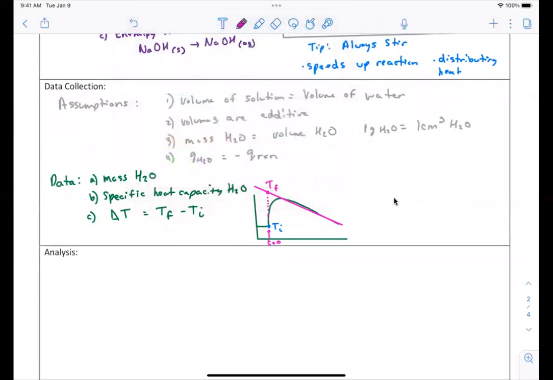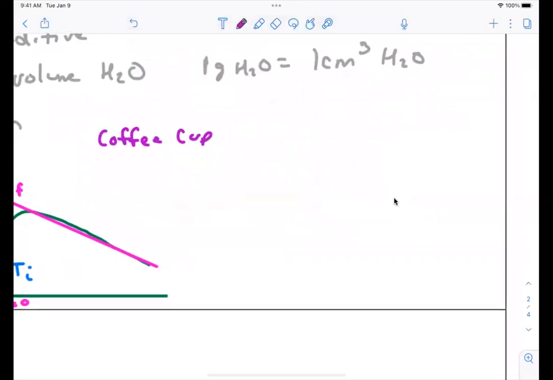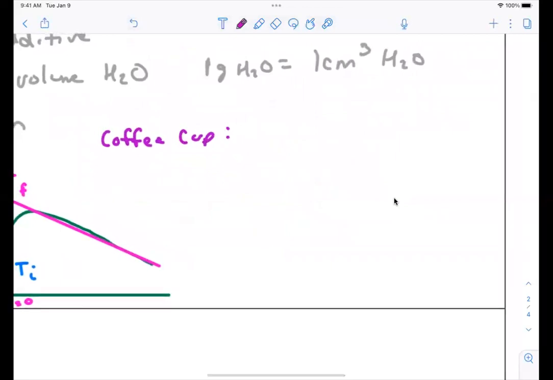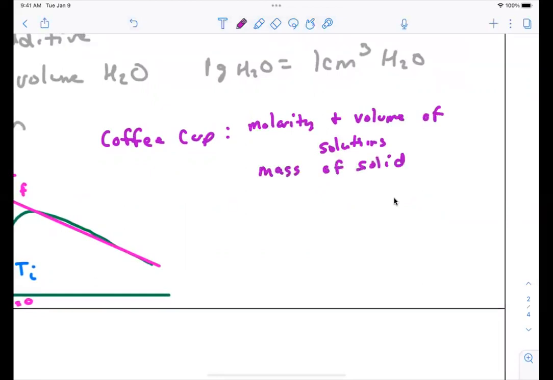Other data you need to know. For the coffee cup, you should know the molarity and volume of solutions and the mass of any solid if it's there. So if there's a solid in the reaction, you need to know the mass of that.